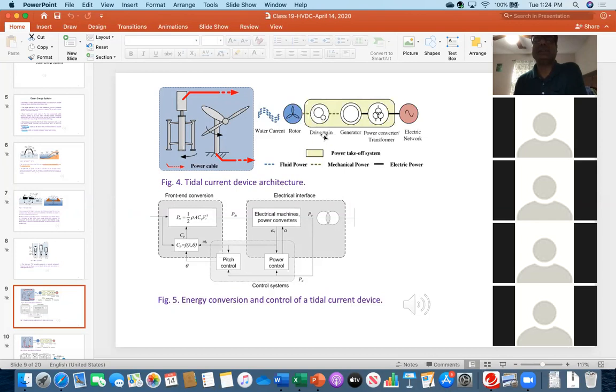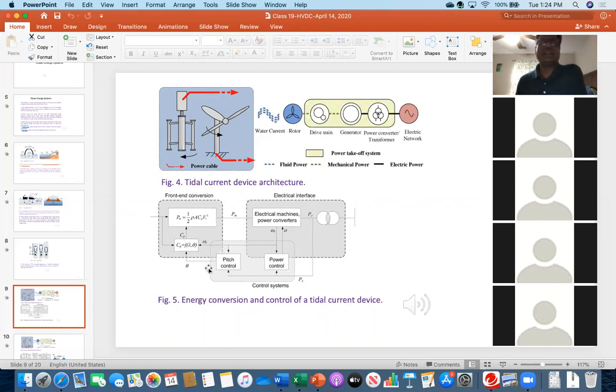Similar to the wind energy system, there is a drivetrain, there could be a gearbox, and that makes a reasonable amount of speed. And then there is a generator, and the generator produces power. But then there is a power transformer or power converter that produces the required voltage to be connected with the electric network or electric grid system. So this is the flow diagram in the case of the tidal current.